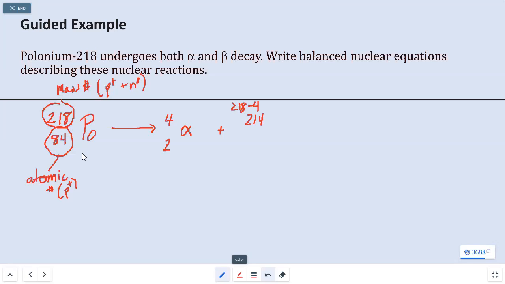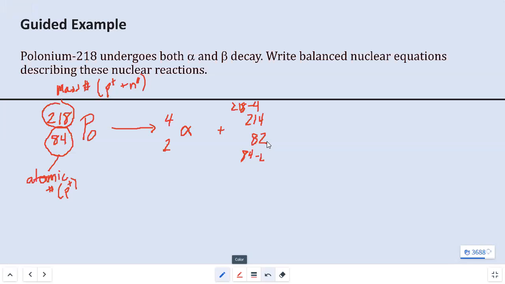Now we go to the bottom of the equation. Bottom of the equation says that there are 84 protons in polonium. Well, the alpha particle accounts for 2 of those. The others have to come from somewhere else. Where do they come from? Well, 84 minus 2 would give me 82 as the atomic number.